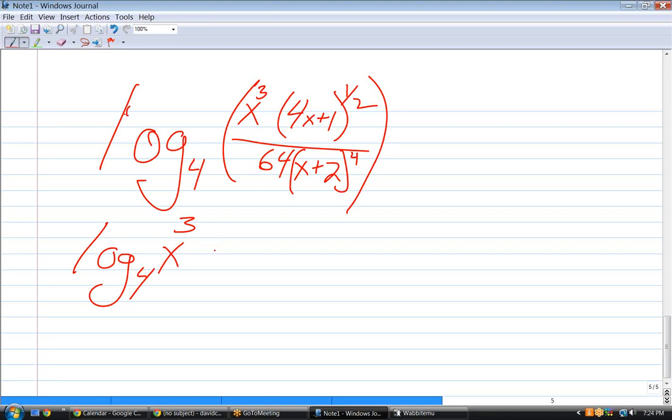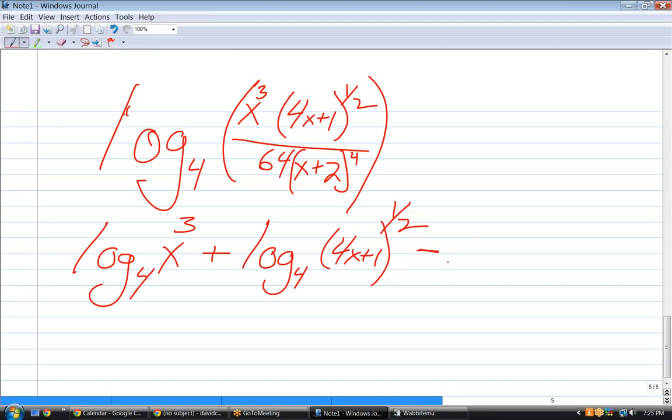What's next? Plus, so let's do the other product in the numerator. Plus log base 4 of 4x plus 1 to the 1/2.